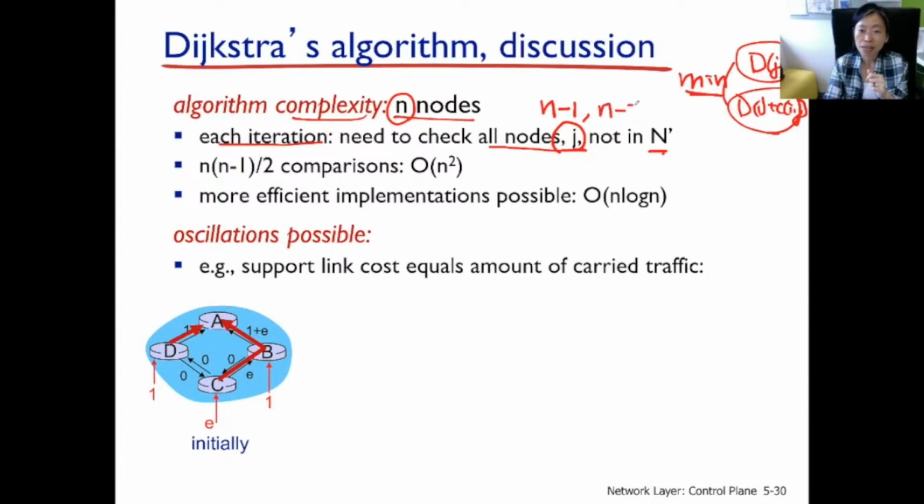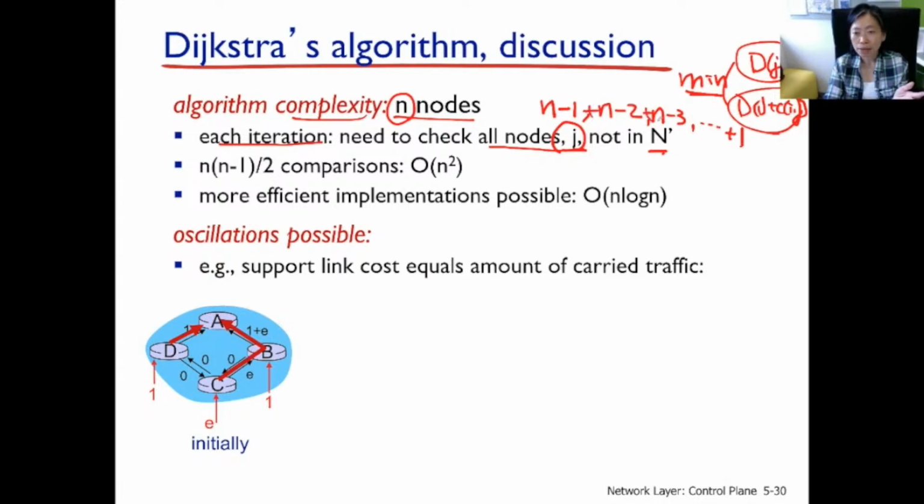Second iteration, how many? Because there's one more node being picked, being included into N prime, the number of j in the second iteration is only n-2. Third iteration, and we can go on until the second last iteration, where we have only one node remaining connecting to the new node being added to the N prime. In the last iteration, the second step is not going to be called, because there's no j remaining.